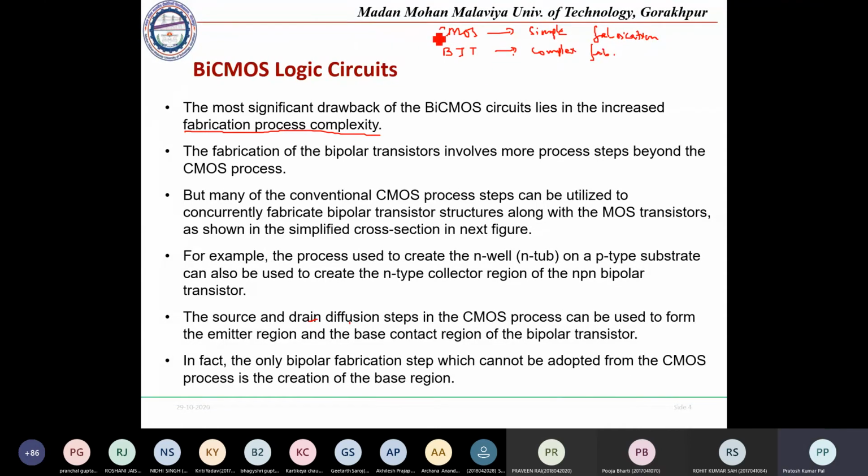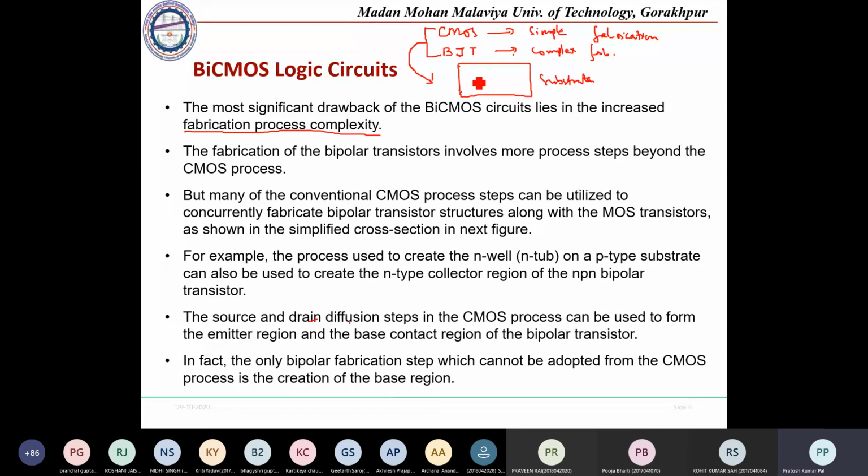And if we are going to combine these two transistors, the BJTs along with the CMOS logic, both are going to be fabricated on a single chip or a single wafer. We call it a single substrate. On a single substrate, we are going to implement a BJT and CMOS.